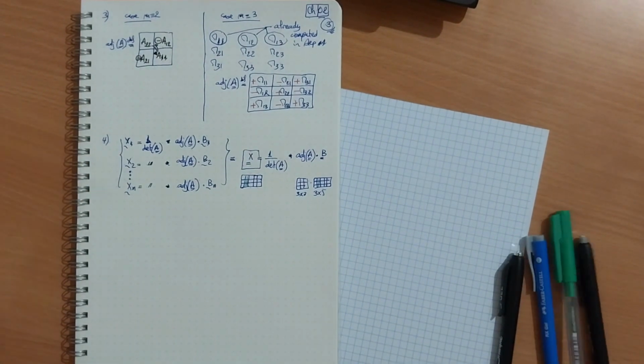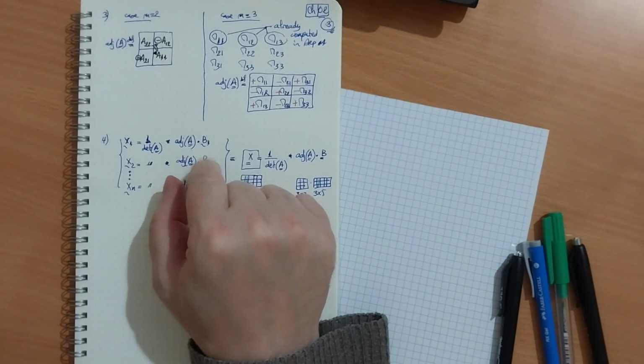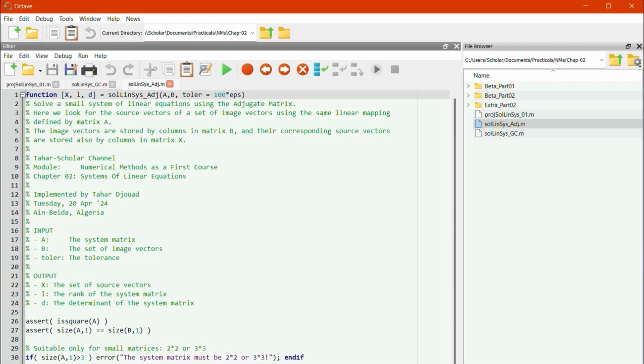And that's it. Let's see the implementation of this algorithm on the computer setting. So our function, solve linear system with the adjugate matrix, or the inverse matrix. So as you can see here, the same name of the file and the function.